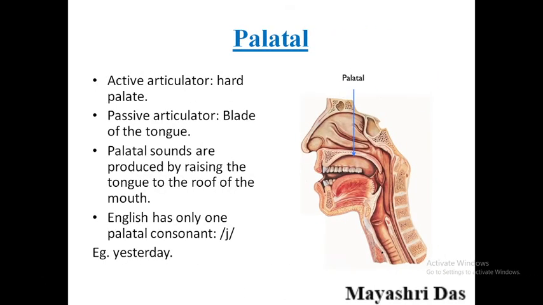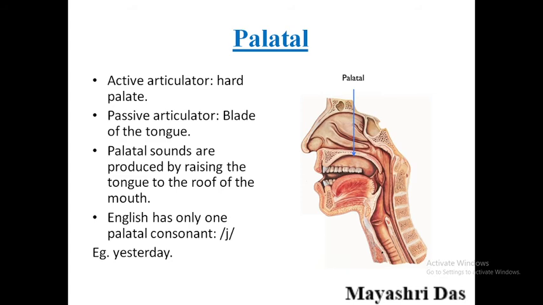Next one is palatal sound, where palatal sounds are produced by raising the tongue to the roof of the mouth, or the palate, the hard palate of the human oral cavity, the mouth. The active articulator is the blade of the tongue, and the passive articulator is the hard palate.